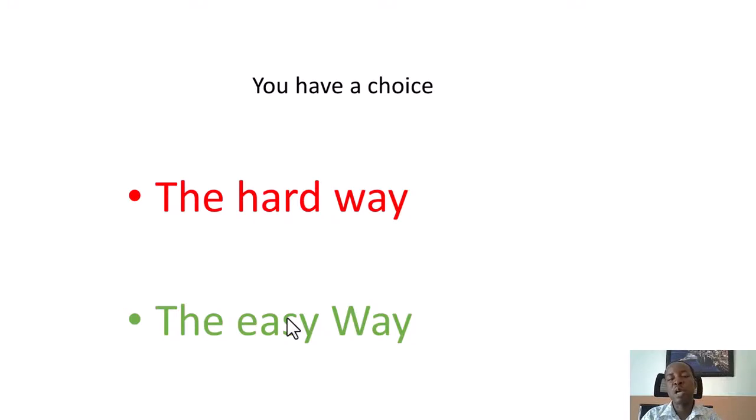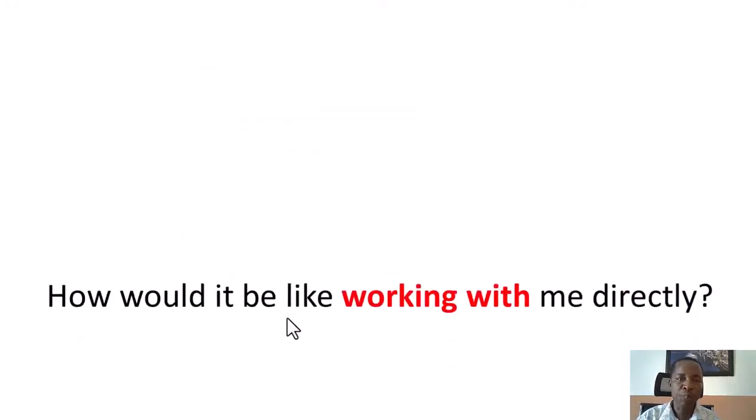Okay, now let's talk about the easy way. The easy way is to make me your mentor so that I get to teach you everything I have learned in Revit Architecture.